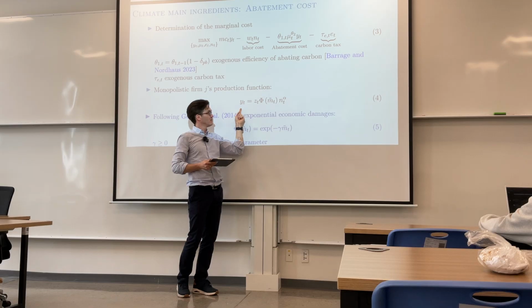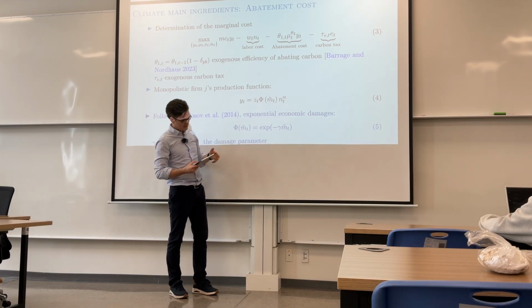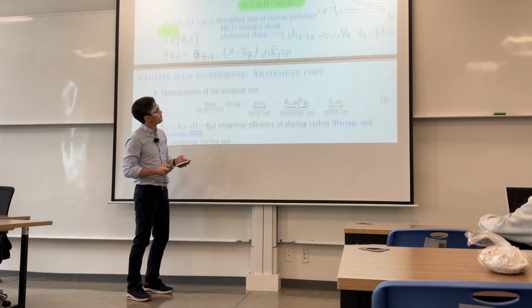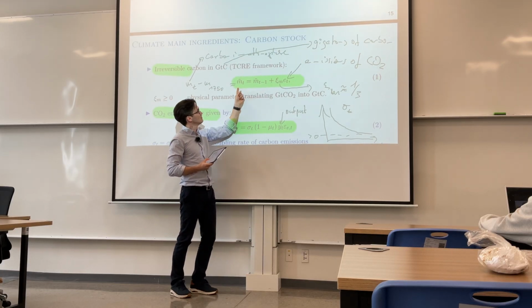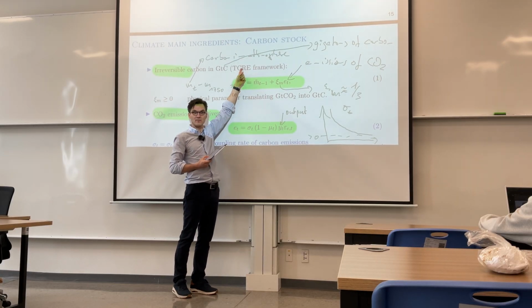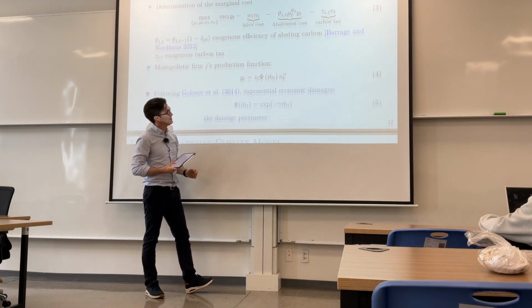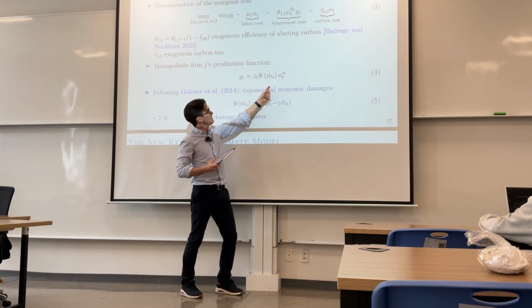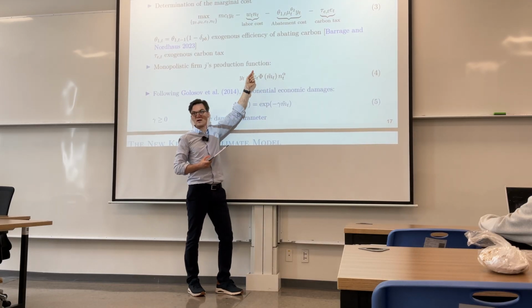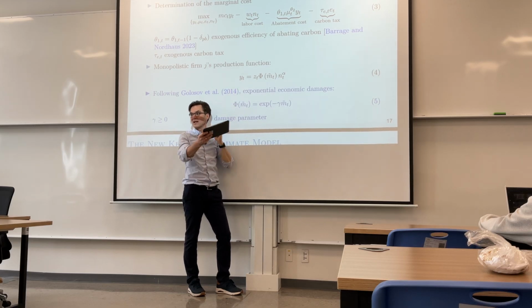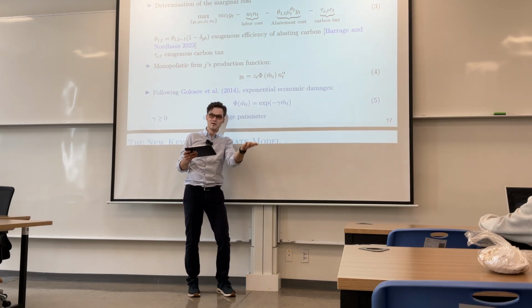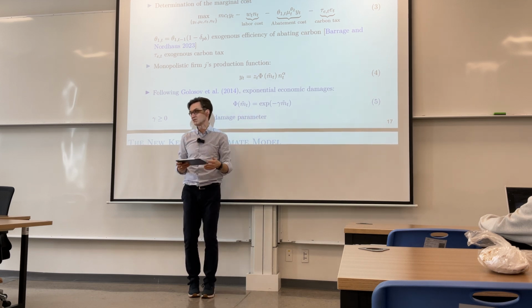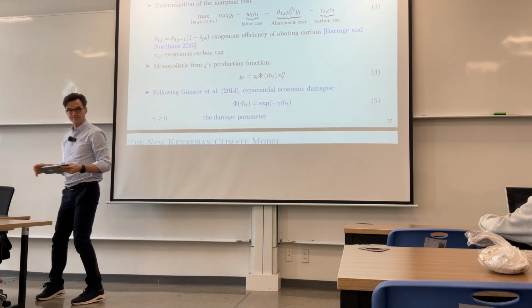So high output stimulates high emissions, and high emissions lead to more carbon in the atmosphere, but more carbon in the atmosphere makes each production unit less productive in terms of output. So that's the two-way interaction between production and climate. We're going to discuss that after the break.